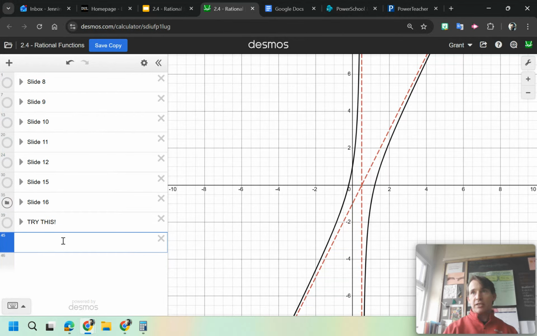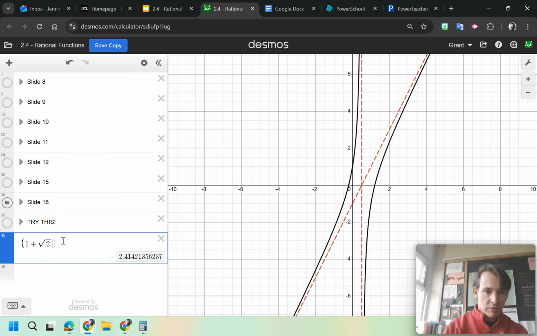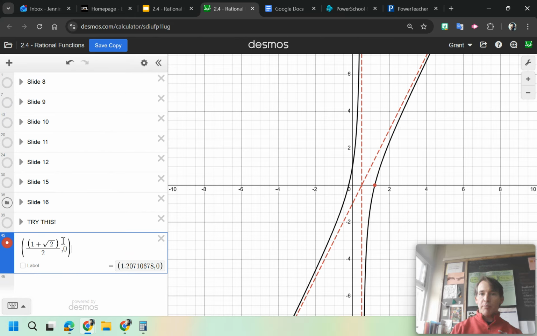So then to test it, I would just do this. I would say, okay, 1 plus sqrt 2. Oops, that's x equals. That's not right. Plus 2. Put it in brackets, over 2. But then I'm going to put the whole thing in brackets with a comma here, and then 0, and then bink. I binked it.